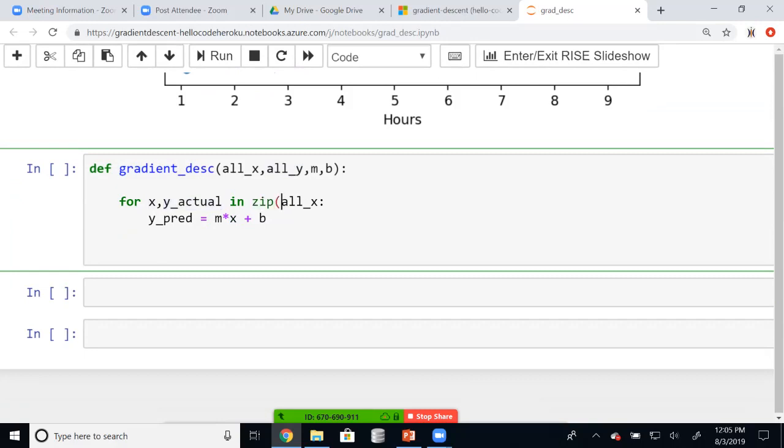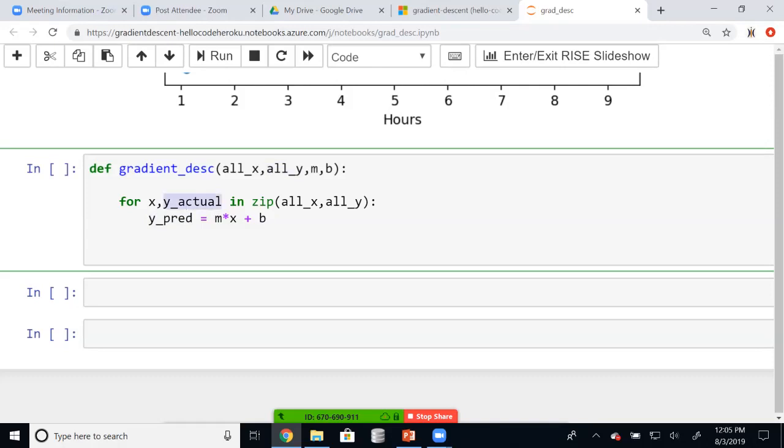I want to iterate through all x and all y, and x I'm calling just x, and the actual value of y for that x I'm calling y actual. So this is my y predicted, and the actual from the data set is y actual. We already have the y actual over here.